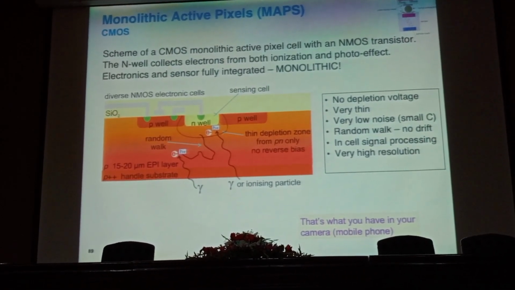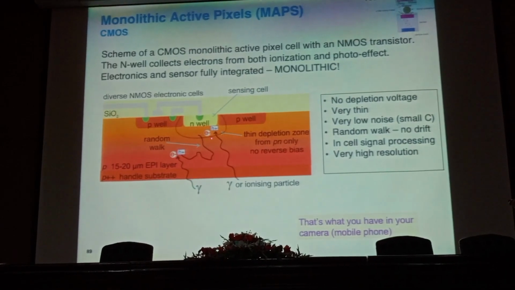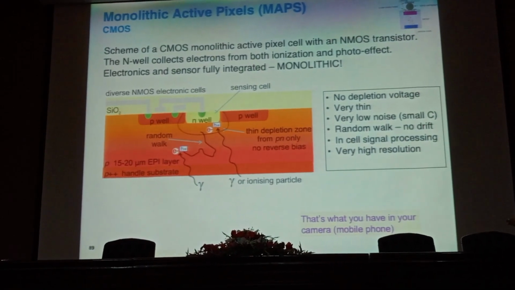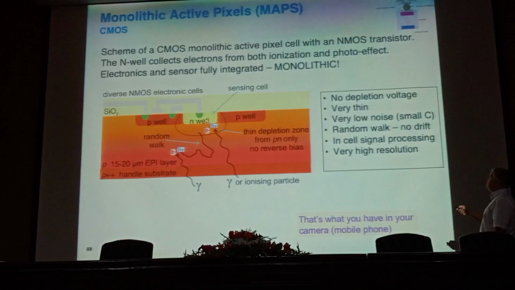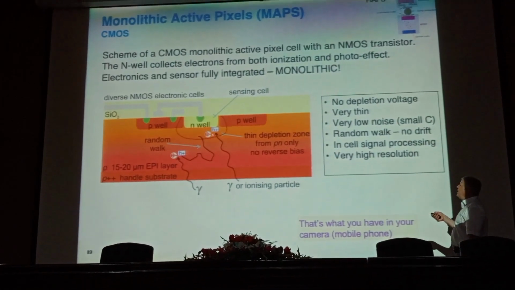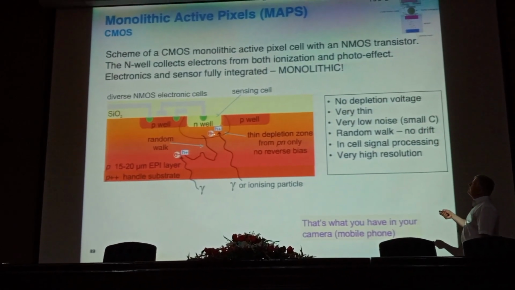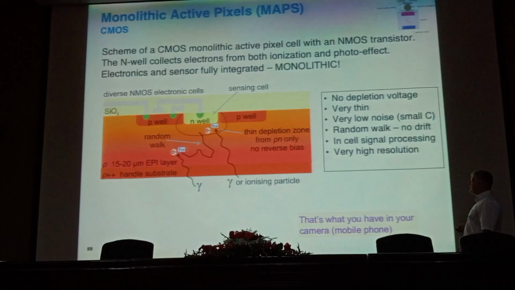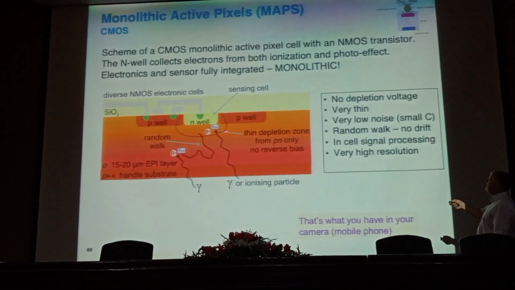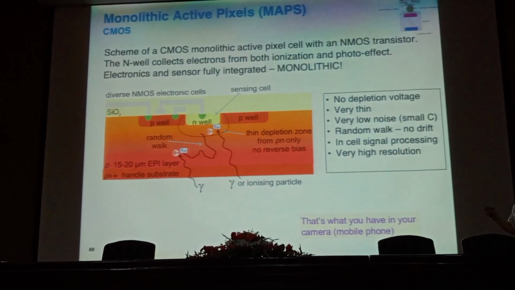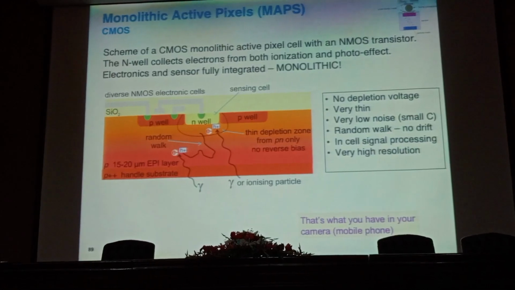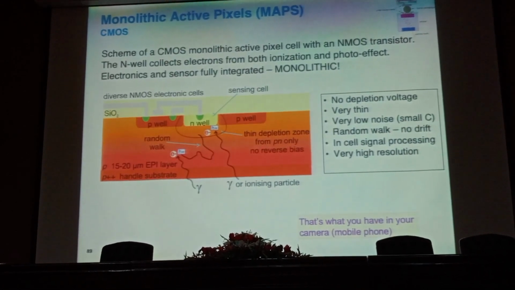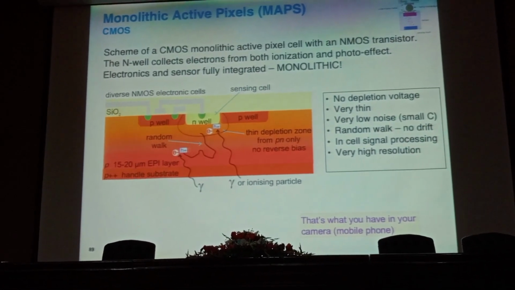They just walk around, and sometimes they end up in the well, some of them end up somewhere else, but the ones that end up in the well see the drift to the N-well, and they will be connected at this electrode. And then all inside this detector, you have the full CMOS. You have a comparator, you have an amplifier, you have certain numbers of electronics in there.